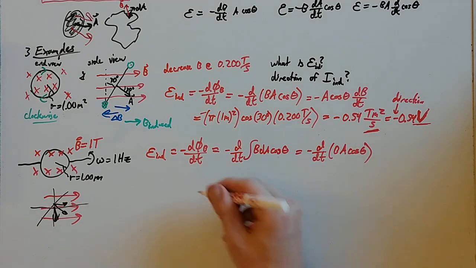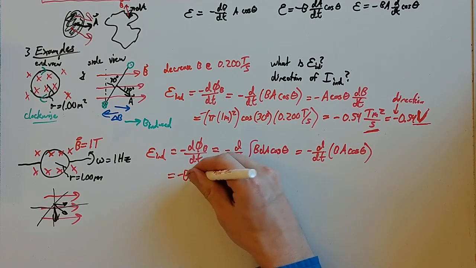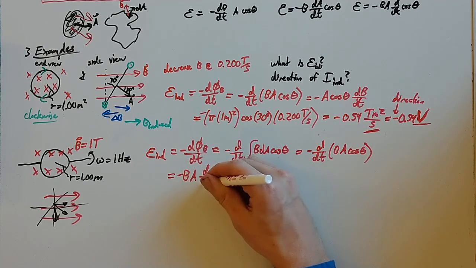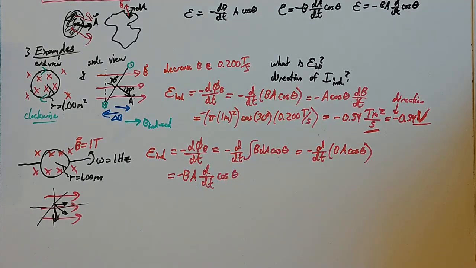So now we have minus B times A times d/dt of cosine theta. Cosine theta is the part that's changing. How do I take a time derivative of cosine theta? How do I relate that to omega?